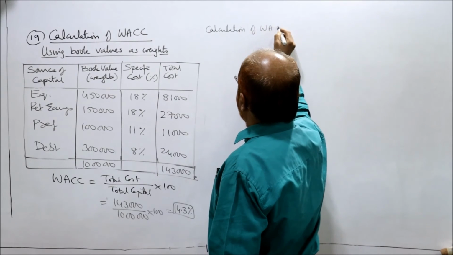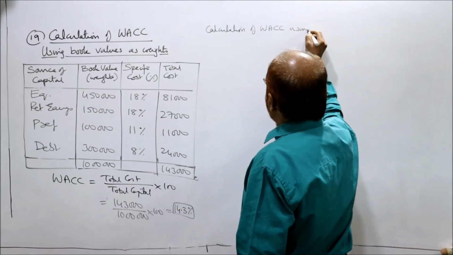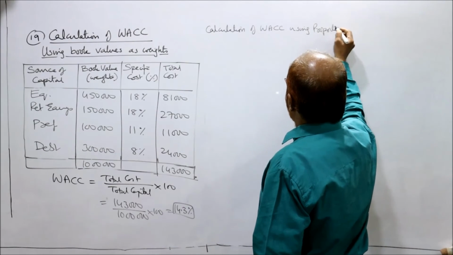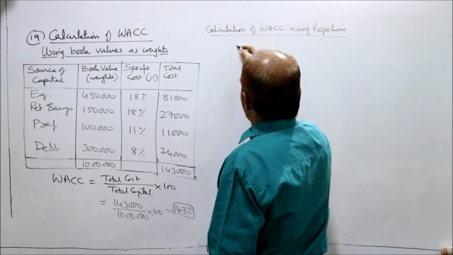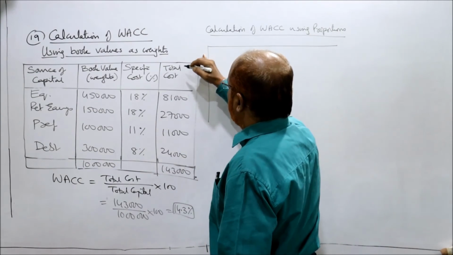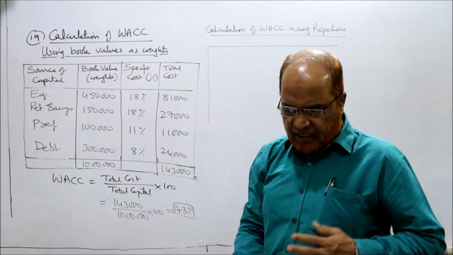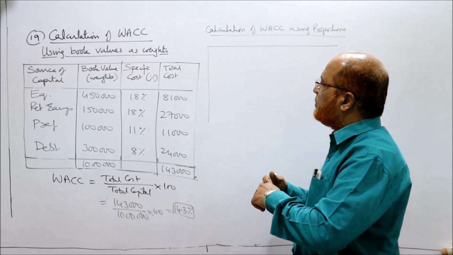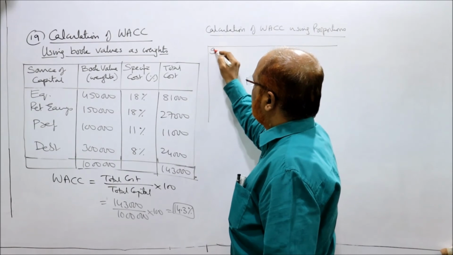Calculation of WACC using proportions. In examination, if you calculate only once, either by taking the amount or by taking the proportion, that will be okay. For your information, I am applying both.